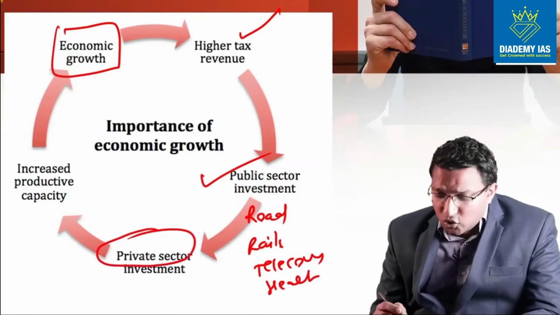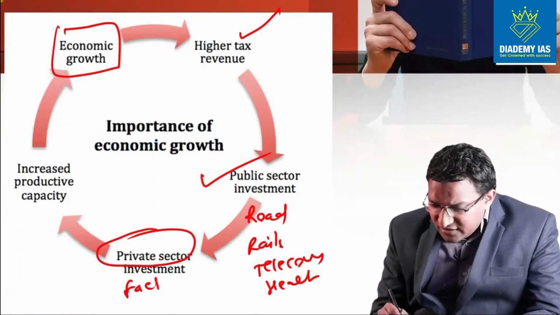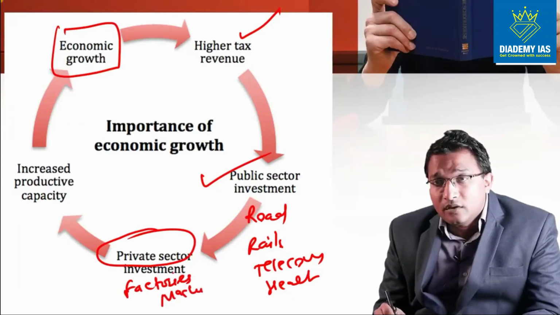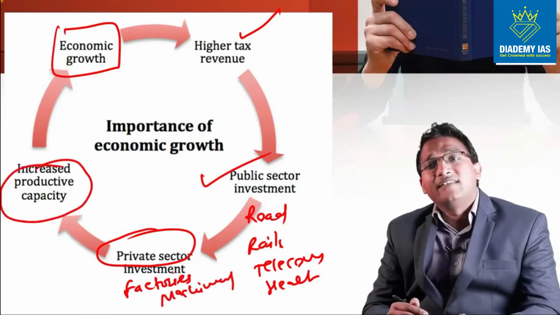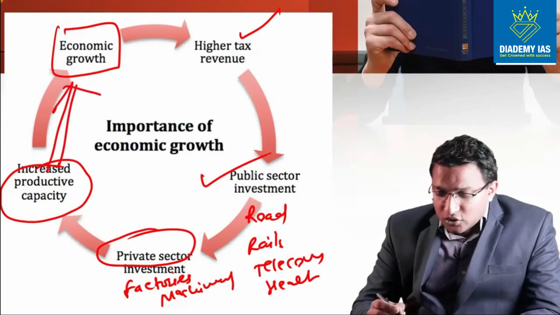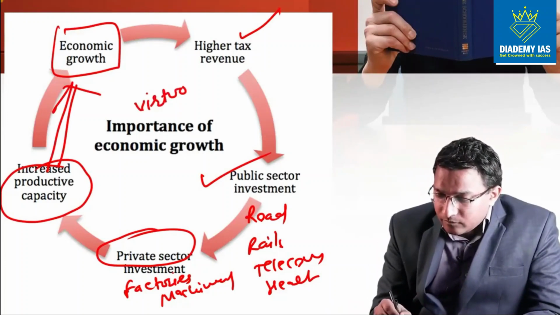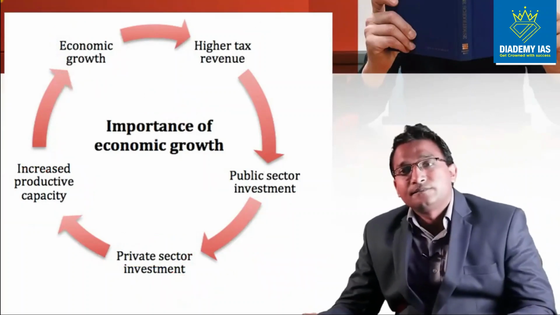The private sector will also invest more into the construction of more factories, into establishing more machinery, etc. That means there is more productive capacity, and when there is more productive capacity, again there is economic growth. So this becomes the virtuous cycle, right?